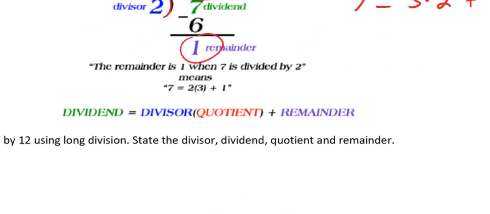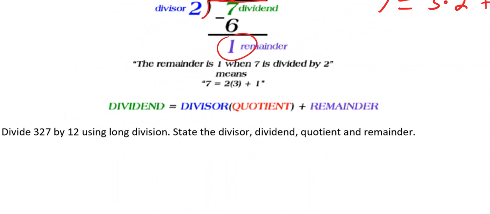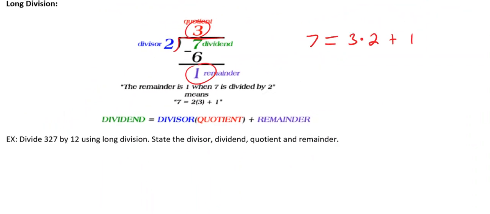Now, these things have specific names. So the dividend is the number that you're dividing. The divisor is the number that you're dividing it by. And then the quotient is what you get out. And then the remainder would be what's left over.